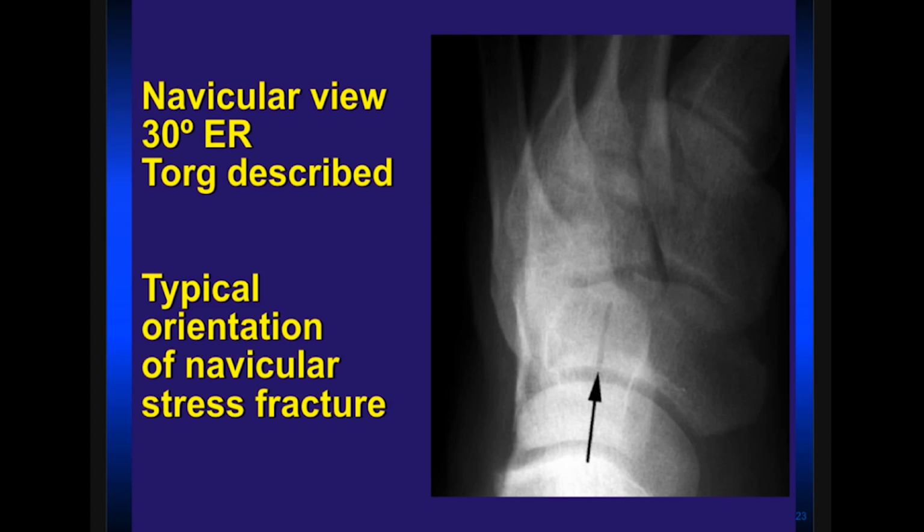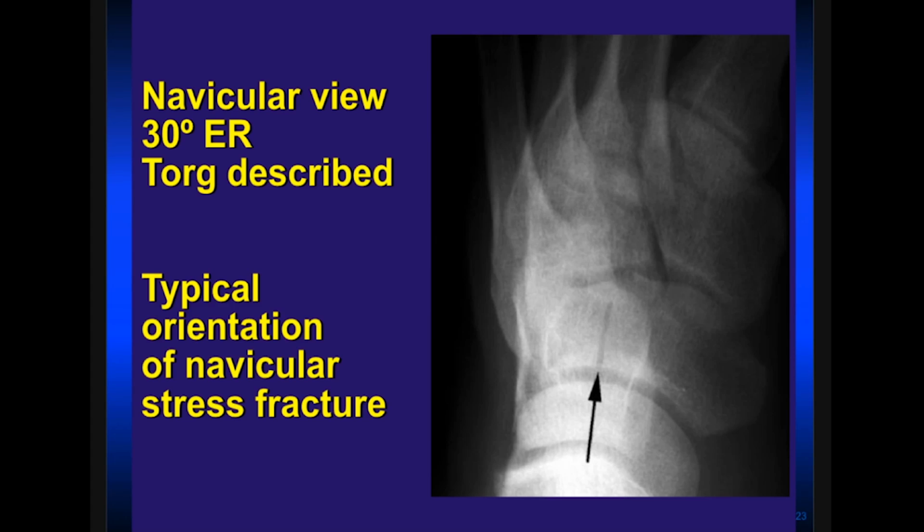The plain x-rays did show the fracture, as you can see with the arrow. The navicular in the foot is like the navicular in the wrist, in that the blood supply comes from distal to proximal, and that is also a risk factor why this doesn't heal.